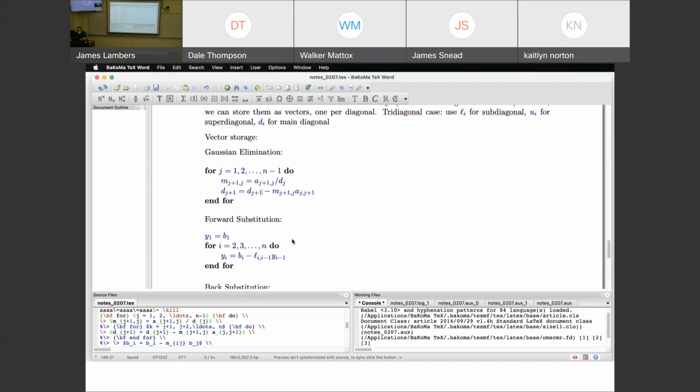Then, whenever the row index is greater than the column index, that's in the lower triangle, so that would be using L. Now, what index should I use? When you have a subdiagonal, a diagonal below the main diagonal, it's best to index it using the column index. Why? Because it starts in column 1. It starts in a lower row, but its column is 1. So a_{j+1,j} will be replaced by l_j.